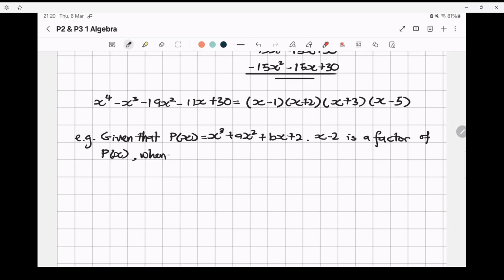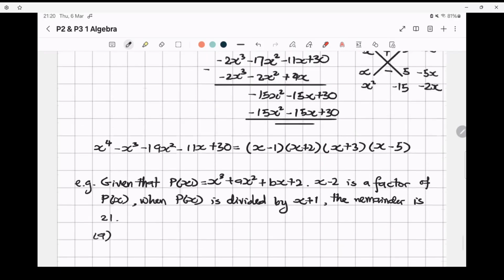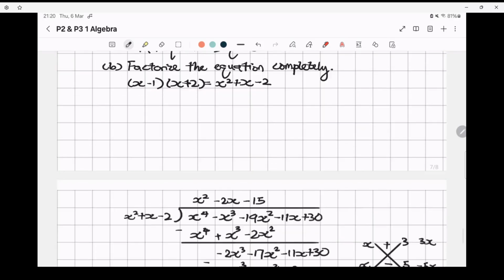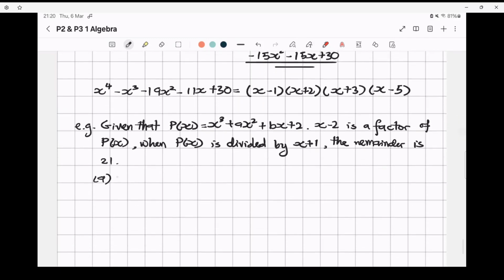When px is divided by x plus 1, the remainder is 21. So part A asks you to find a and b.